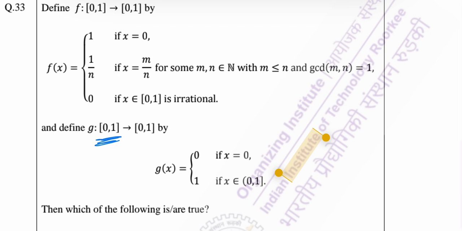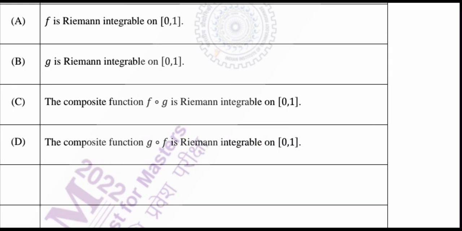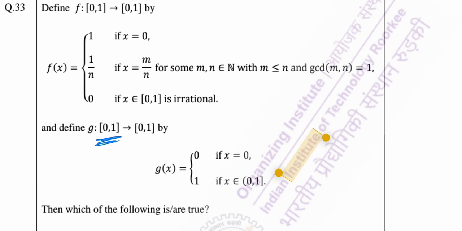The third function, let us see, here is the f of g. So the third function is our f of g. f of g means this function f(g(x)), and it means that we have to put the value of g(x), and you see for x equals 0 it is 0.